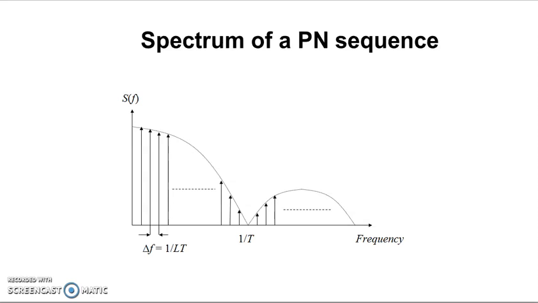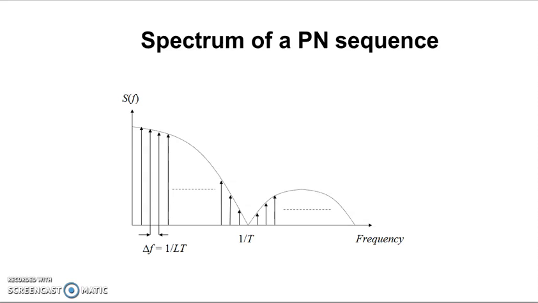The period of a sequence is LT, because L is equal to what? It is the total number of spectral components, that is 2 raised to n minus 1, where n is the number of bits.